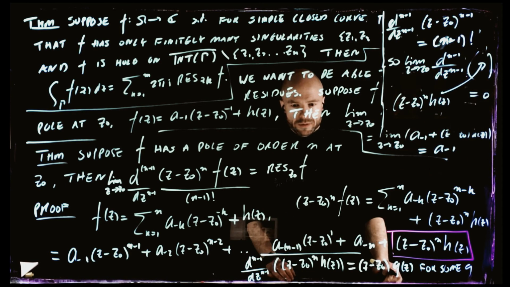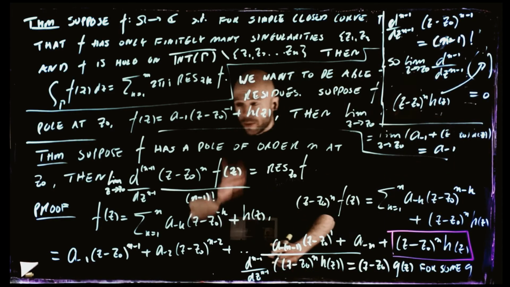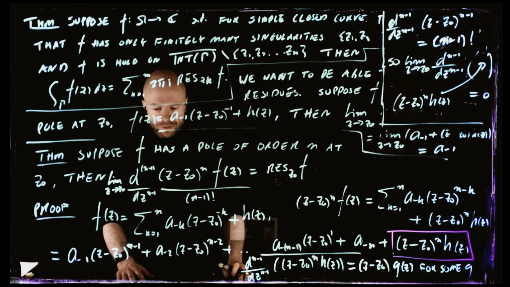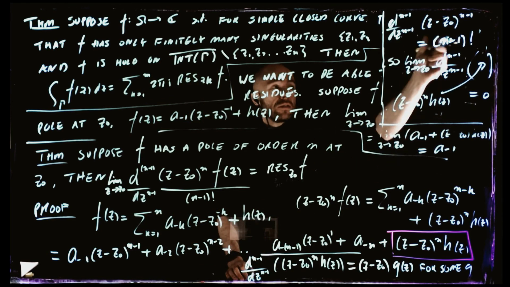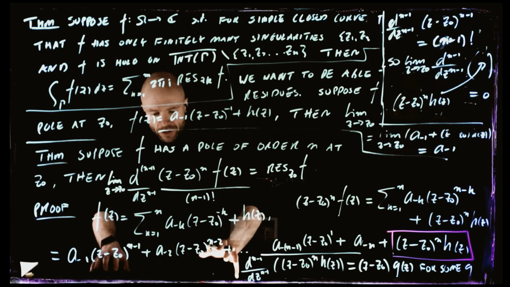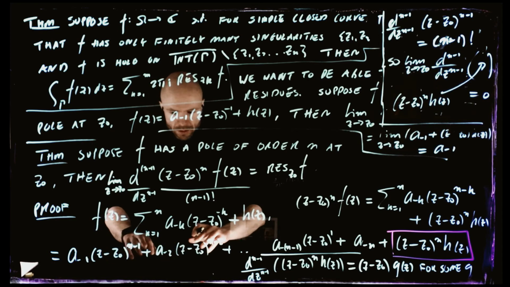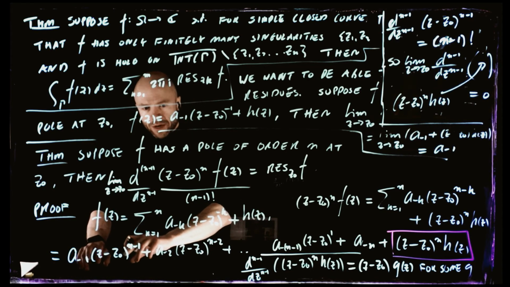That's what we have. Yeah? So sure enough, this guy dies quietly. It isn't a problem for us. When we take the limit as z goes to z0 of this entire expression, all we're going to get out is just a to the minus 1, because we know that the only survivor of the differentiation of this part is just a to the minus 1 times n minus 1 factorial.